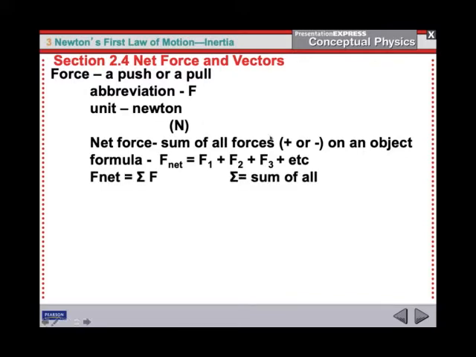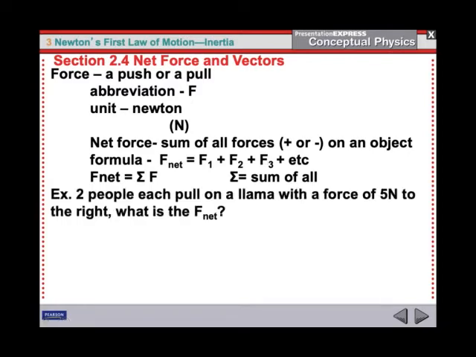So net force equals this little weird E kind of thing, which is actually the Greek letter sigma, and that means the sum of all forces. That's a shorter way to write it, but F net equals F1 plus F2 plus F3 for as many forces as you have is a little bit more practical.